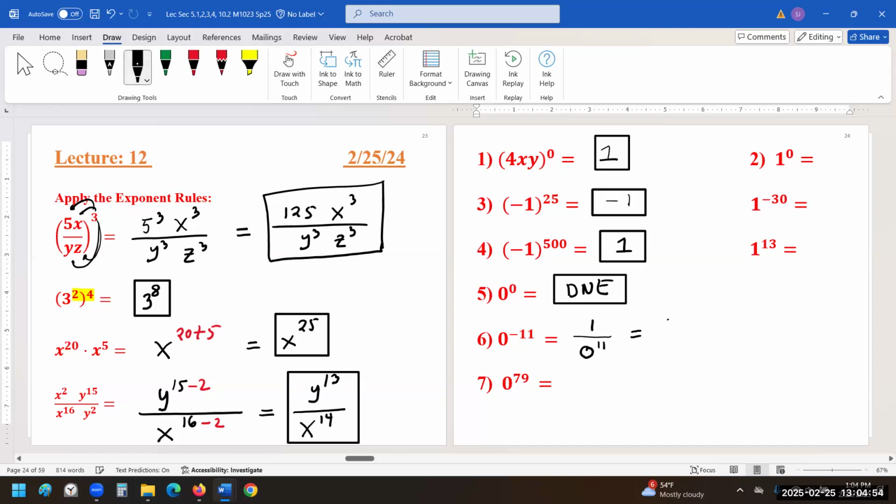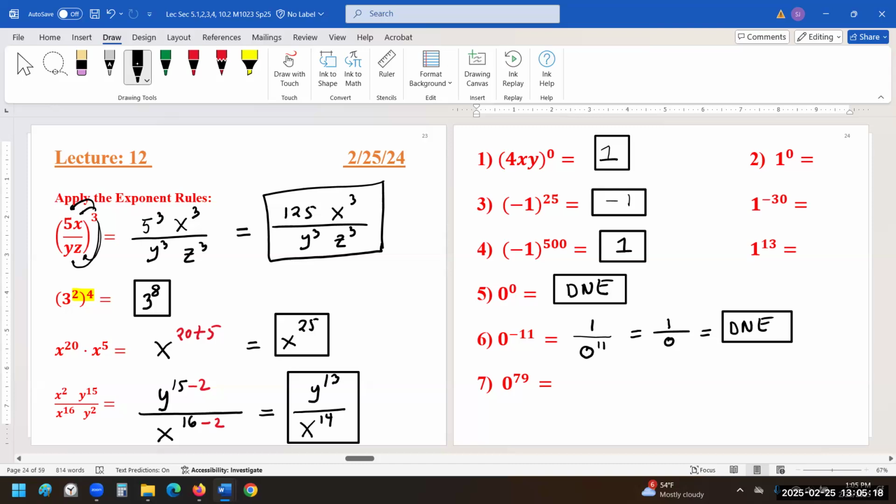So we have 1 over 0 multiplied 11 times. If you multiply 0, 11 times, what do you get? Still 0. And now, can you divide 1 into 0 pieces? So the answer doesn't exist. So anytime you forget the negative rule, convert into positive power and see what you get.